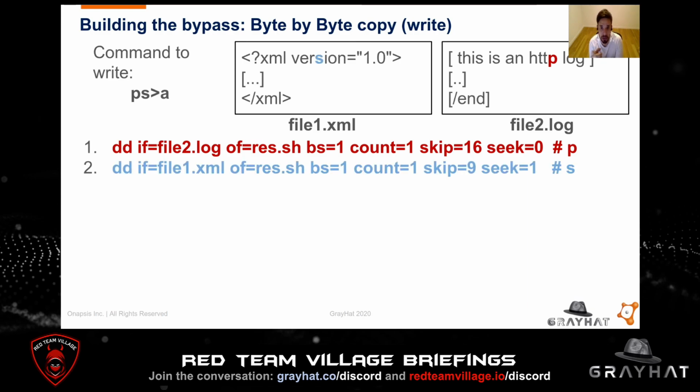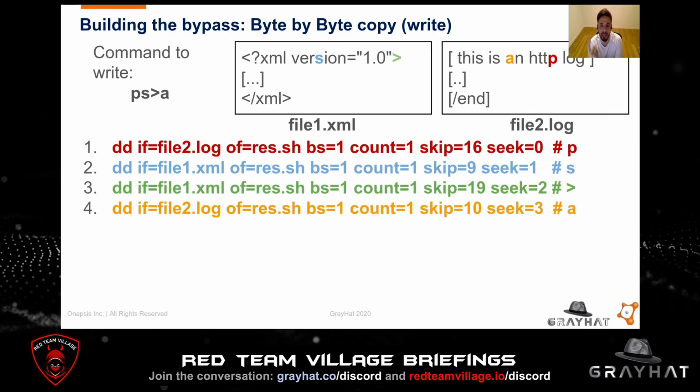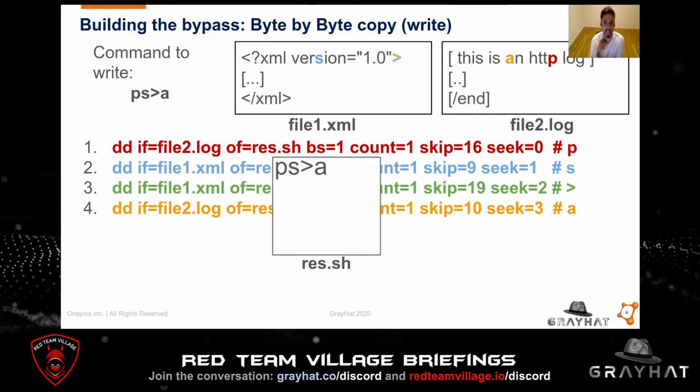Afterwards, we can do the same with the s, the same with the redirection, and finally the same with the A. With all these dd commands, we are writing the output to a file that in this case we chose to call rest.sh. So after executing all these dd steps, we're going to finally see a file called rest.sh with the command that we want to execute. So up to here, we have a win.